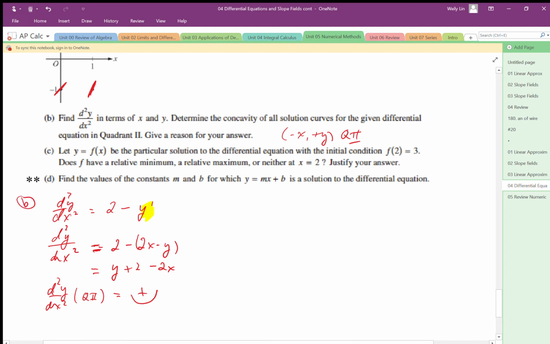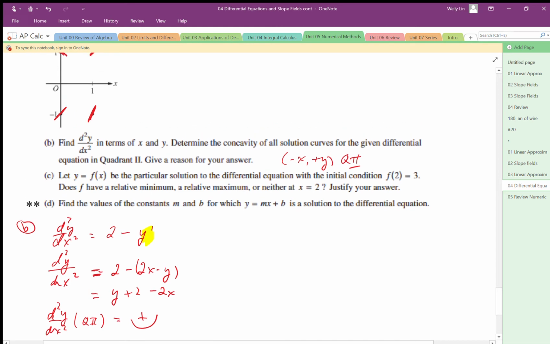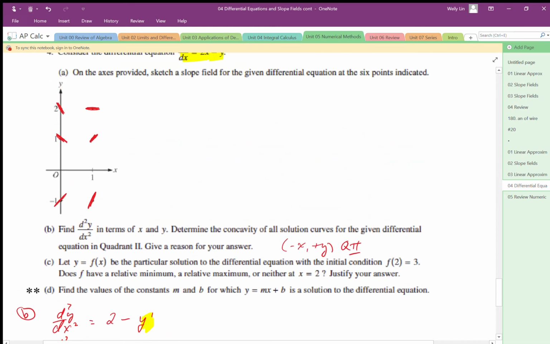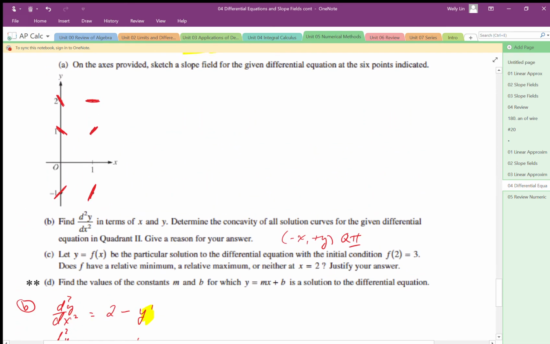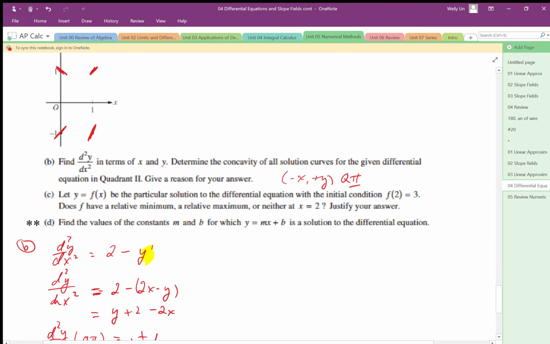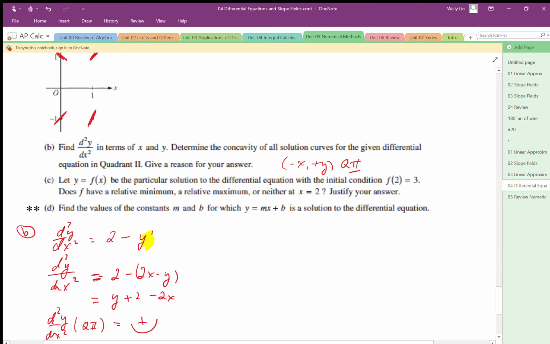Part C says let f of x be a particular solution to the differential equation with this initial condition. Let's first solve for f of x. Oh, we can't. It asks, does f have a relative minimum, relative maximum, or neither at x equals 2? If it's a relative minimum or maximum, the derivative must equal 0 at some point.